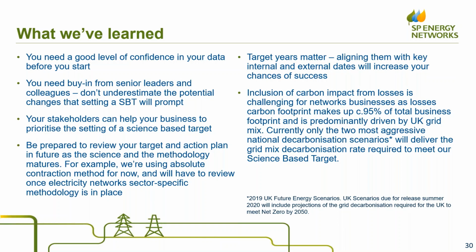I think that's going to change fairly soon. It looks like the 2020 future energy scenarios will include projections of the grid decarbonisation required for the UK to meet net zero by 2050, which will have an impact on how achievable our science-based targets are.